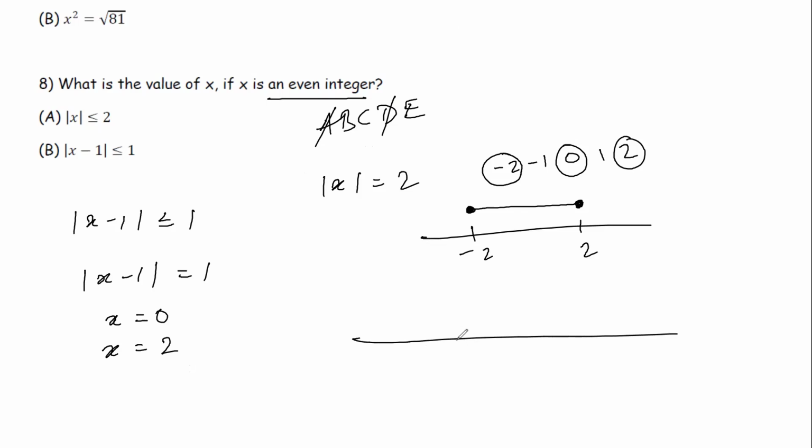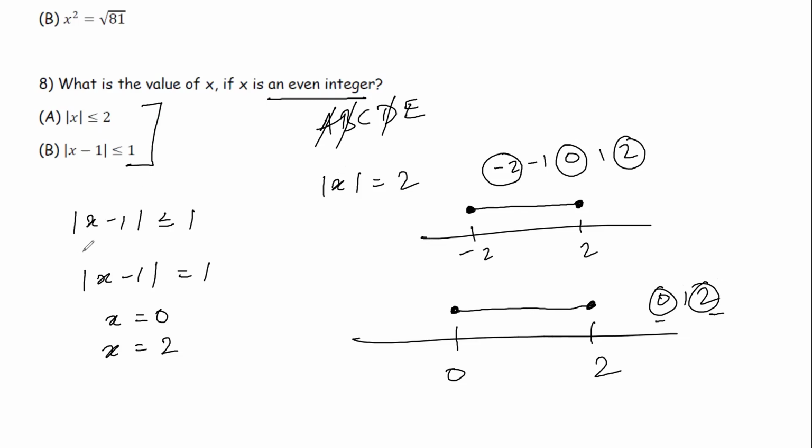So we got a range of 0 and 2. And since it's less than equal to 1, all the values between 0 and 2 will work. So the solutions are 0, 1, and 2. Here we have two even integers, 0 and 2. We don't know which one. So B also doesn't answer.